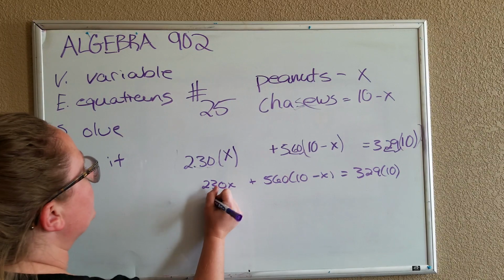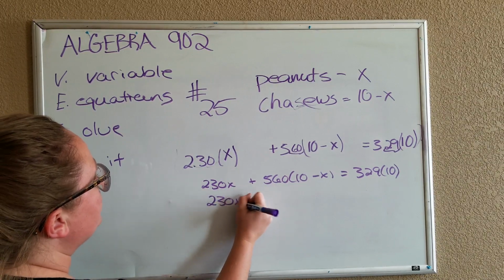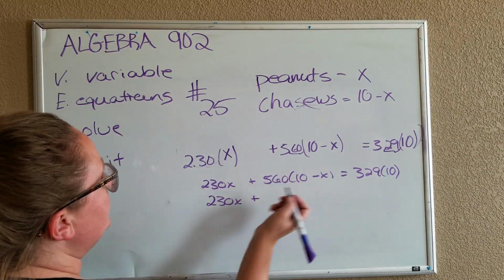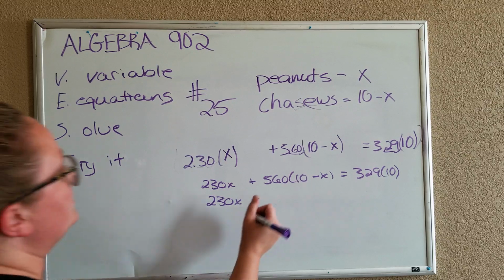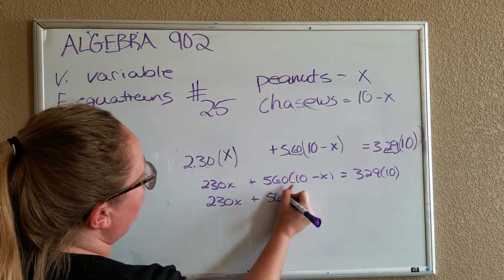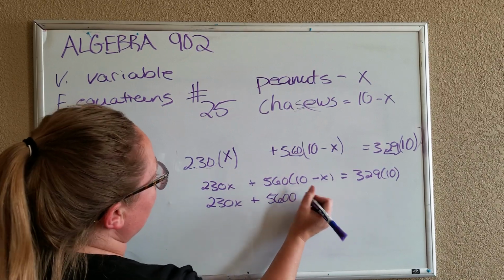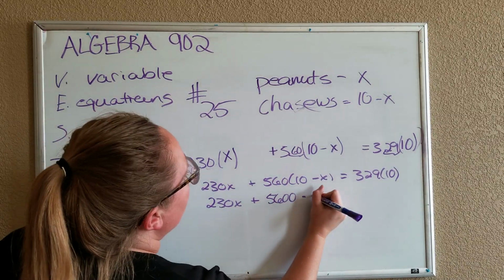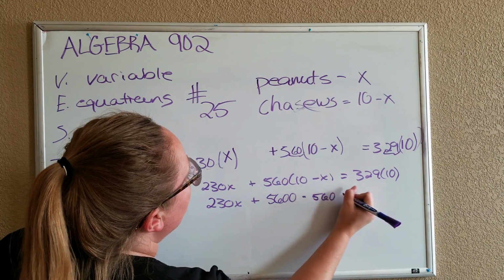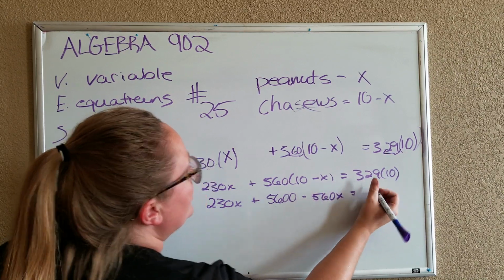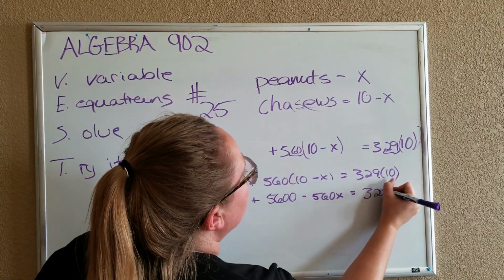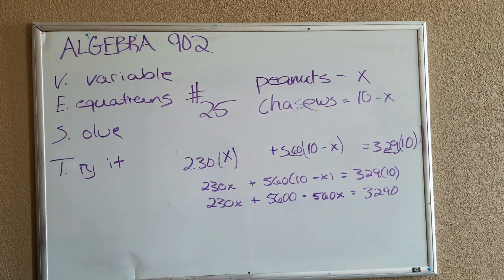Now we're going to do our multiplication. We have 230x plus 560 times 10. Anything times 10 is just going to add a 0, so 5,600. 560 times negative x, so it's going to subtract here: minus 560x equals 3,290 when I multiply that by 10.